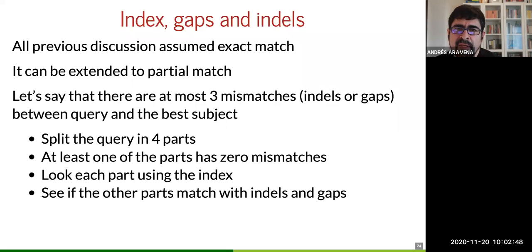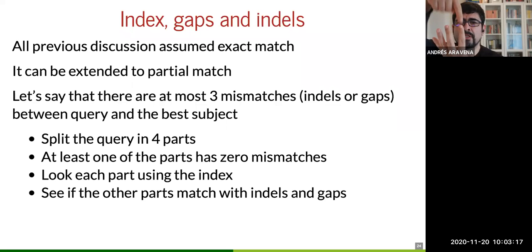And the clever idea is this: if you make an assumption, let's say that there will be no more than 3 mismatches, I am saying mismatch, gaps or indels, then you can essentially separate the query in 4 parts. If you have up to 3 mismatches, one of the 4 parts has to be perfect. Let's say you have these 4 parts, 1, 2, 3, 4.